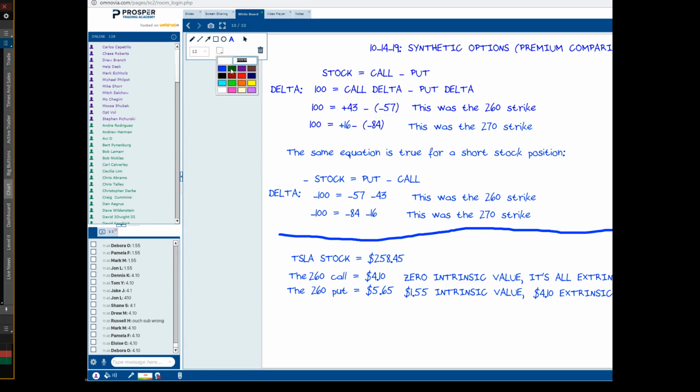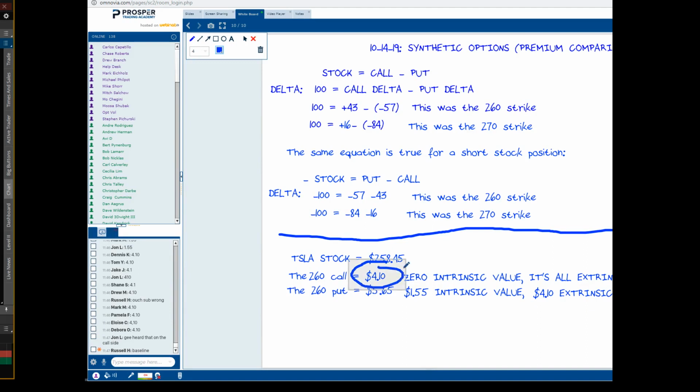Now, why is this important? Right, John? Exactly. 4.10 on the call side, 4.10 on the put side of premium. Why is that important?